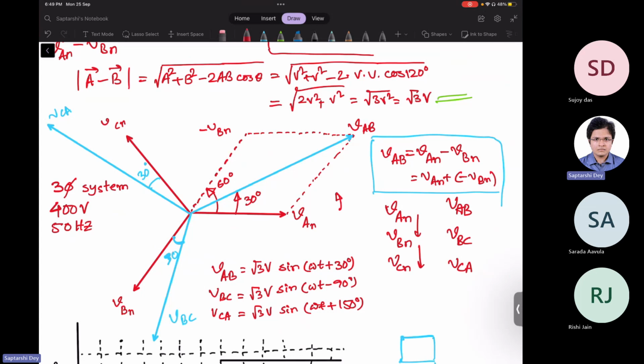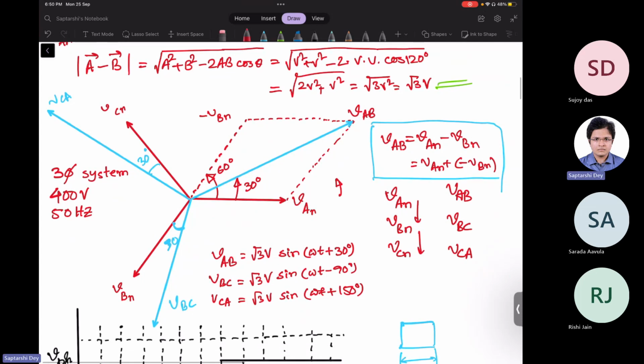What is this 400 volt? Which voltage is this? Is this phase voltage or line voltage? Someone quickly unmute and tell. So whenever we are talking about three-phase system and simply say it's a 400 volt system and don't say anything else, it means it is line voltage.